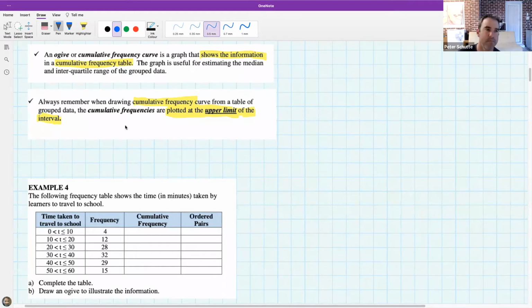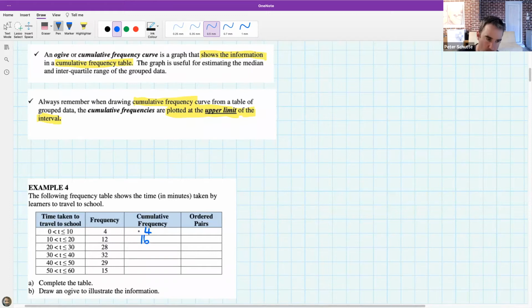Mr. S, can you take a question from David? I can. Go ahead, David. Sir, I got lost there for the cumulative frequency. For me to find it, like the first block, am I not gonna see 12 minus 4? Okay. It gives me 4. So in the first row, David, the frequency and the cumulative frequency will be the same because it's only in the second row that it'll start to change.